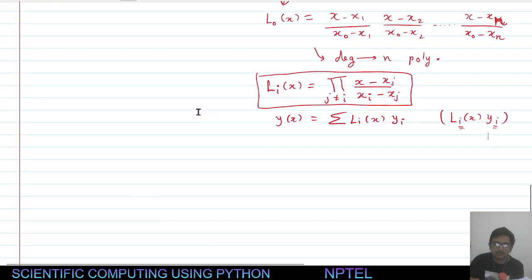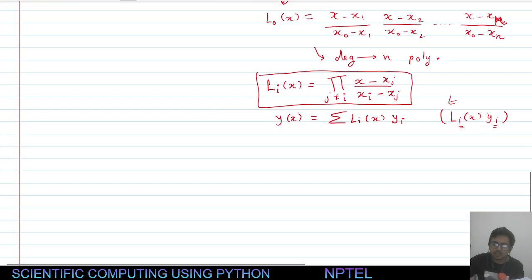This is Einstein convention. If you are not familiar with it, don't bother. And this sum will be from i equal to 0 to n, over all the data points.